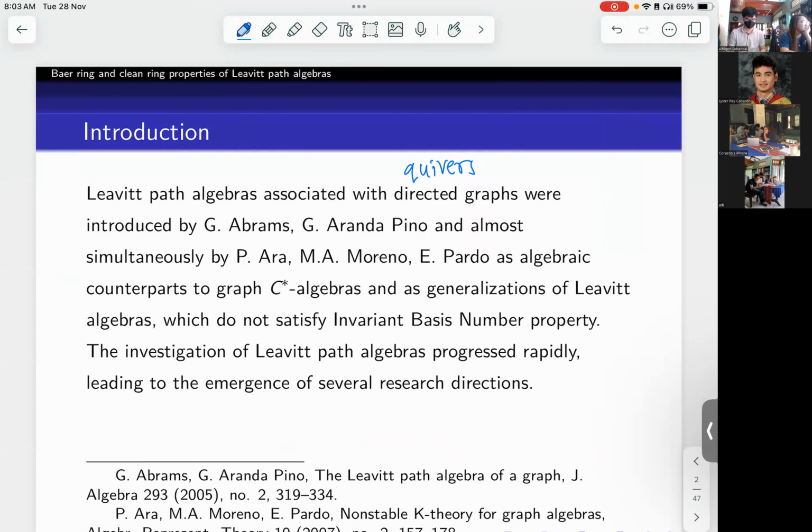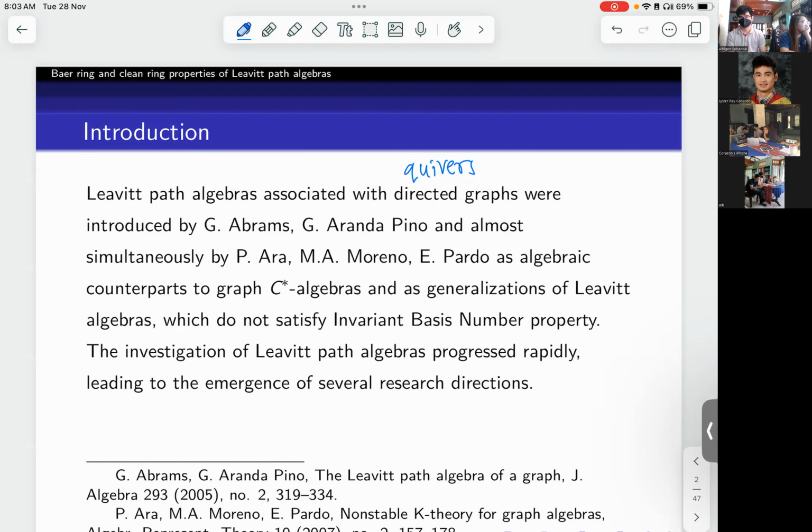To each quiver, we can associate a path algebra, and we can take the quotient of that path algebra by some relations, and in this way we get a Leavitt path algebra. These algebras were introduced by Jean Abrams, Aranda Pino, and almost simultaneously by Pereira, Moreno, and Pardo. They were introduced as algebraic counterparts to graph C-star algebras.